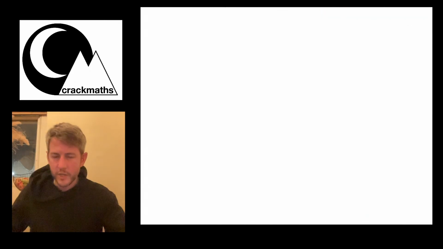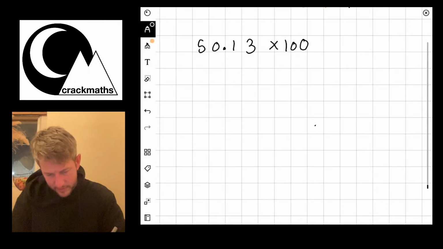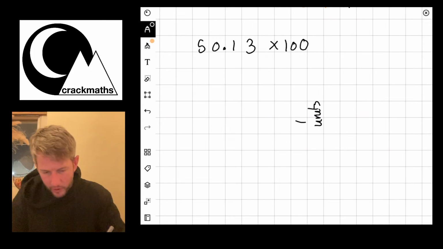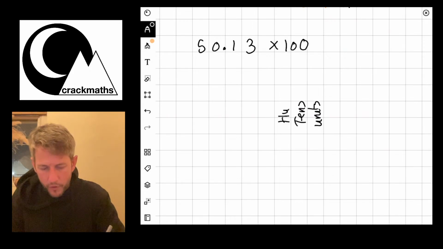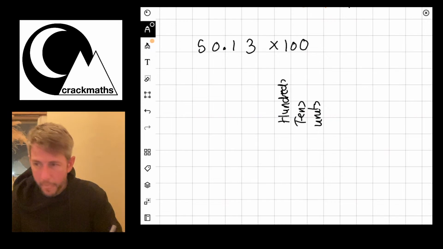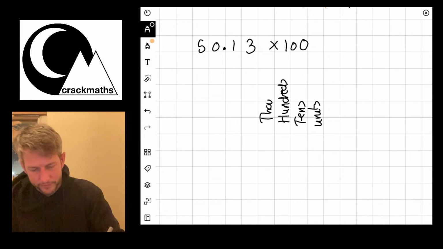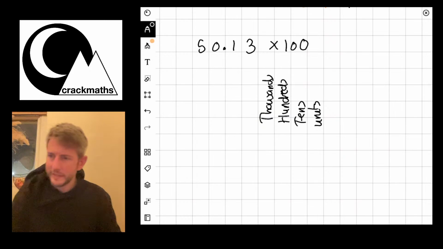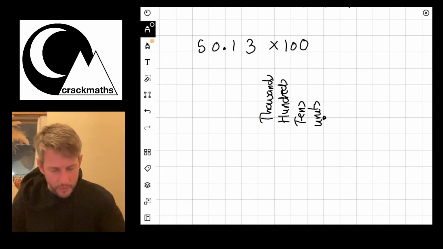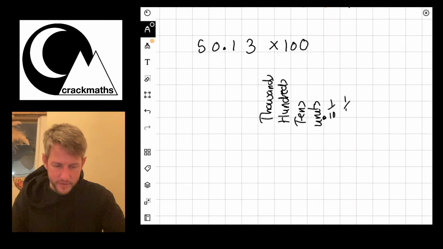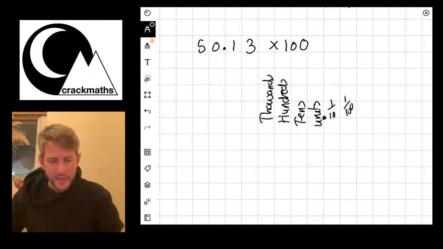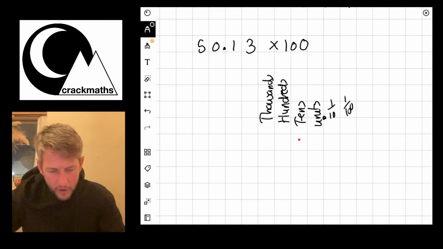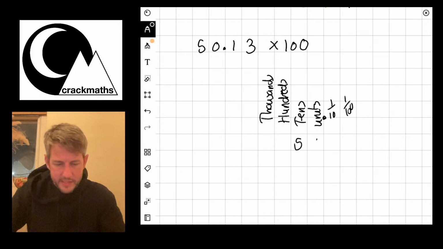We get our units, tens, hundreds, thousands, and then if I put a decimal point here, we've got our tenths and our hundredths. Let me write this number down: a 5 in the tens column, a 0 in the units column, and then 0.13.